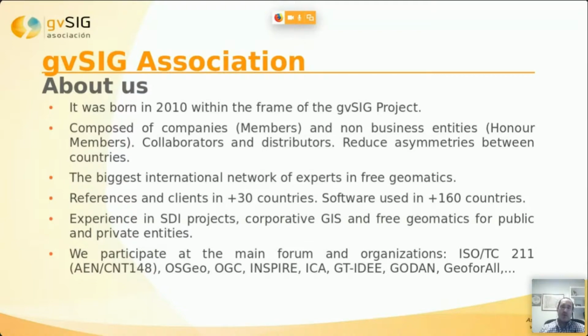It's composed of different companies and non-business entities like universities, geographical institutes, public administrations, etc. And there are a lot of collaborators and distributors. This is one of the biggest international networks of experts in free geomatics, and we have been working for companies and administrations in more than 30 countries.